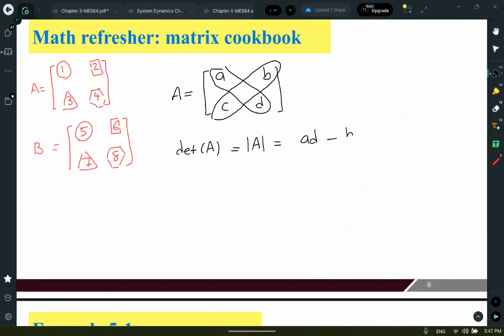So this is going to be minus BC. This is your determinant. We're going to use determinant a lot. So it's going to be main diagonal minus the other diagonal.